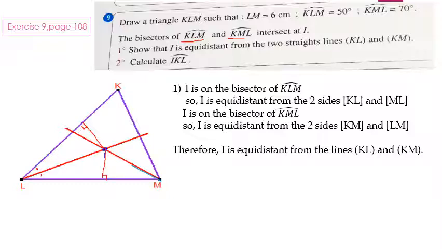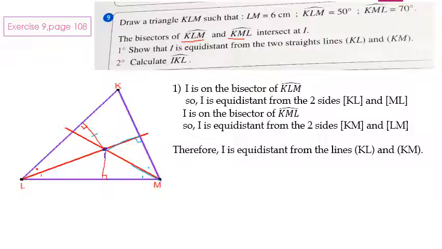This is the bisector. It divides the angle into two equal angles, and I is a point on the bisector, so I is equidistant from KM and LM. Equidistant means equal distances.